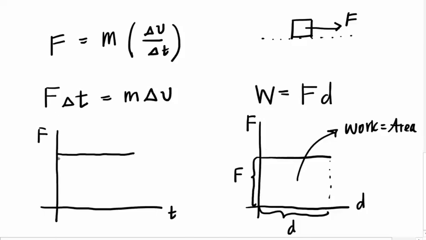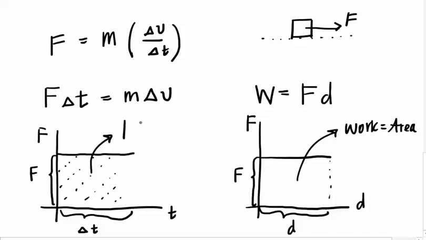If I have force, which is like the height here, and the change in time, whatever that delta t is, would the area be equivalent to whatever F delta t means? Yeah. What does that mean? We call that the impulse.